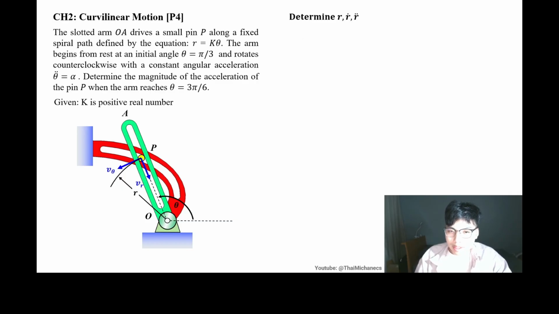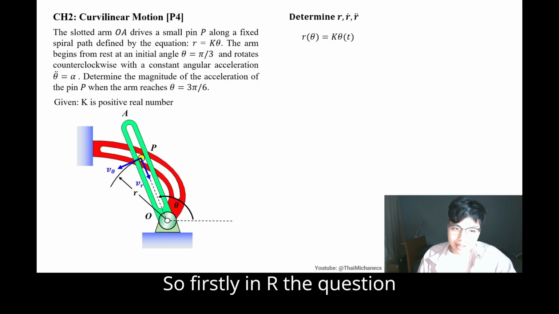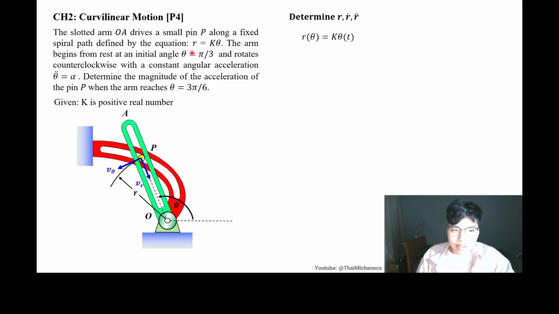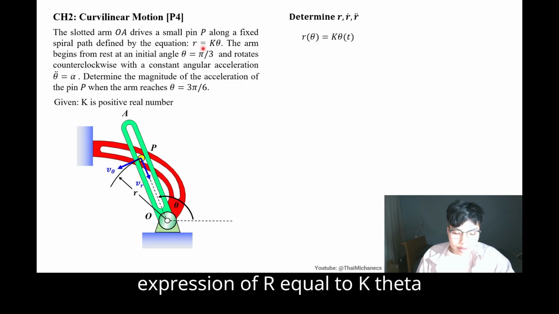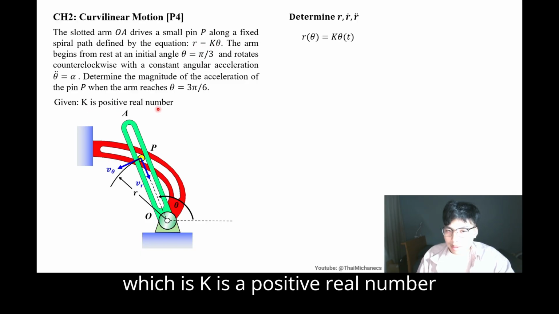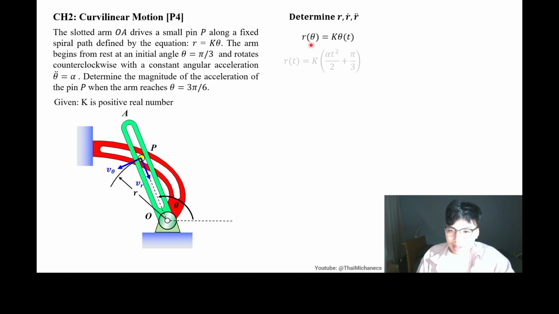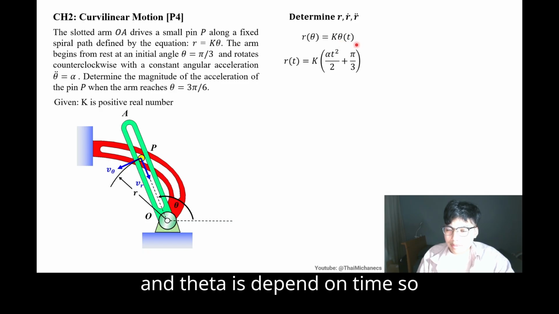Firstly, for r, the question already gives us the expression r equal to k theta, where k is a positive real number. That means r depends on theta, and theta depends on time.